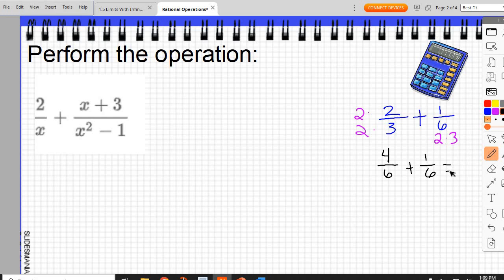It is not a super valid answer. So I agree, yes, we just add our numerators and not the denominators, but like if I have 4/6 of a cookie and I add 1/6 of a cookie, yes, I have 5/6 of a cookie.